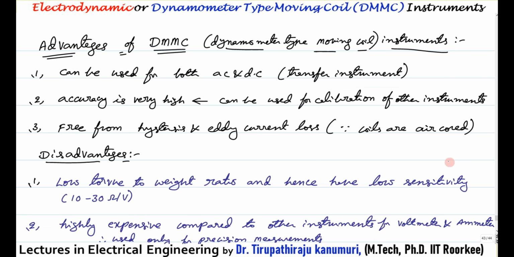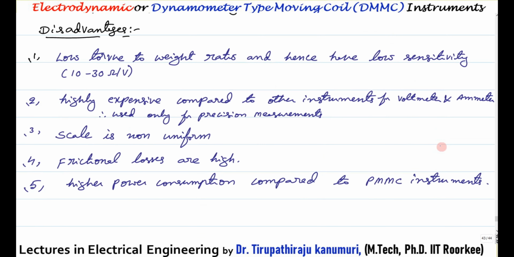So now let us see the advantages of dynamometer type instruments. The advantage is they can be used for both DC as well as AC. Because they are transfer instruments, the accuracy is very high, so they can be used for calibration of other instruments, and they are free from hysteresis and eddy current loss because the coils are air cored.